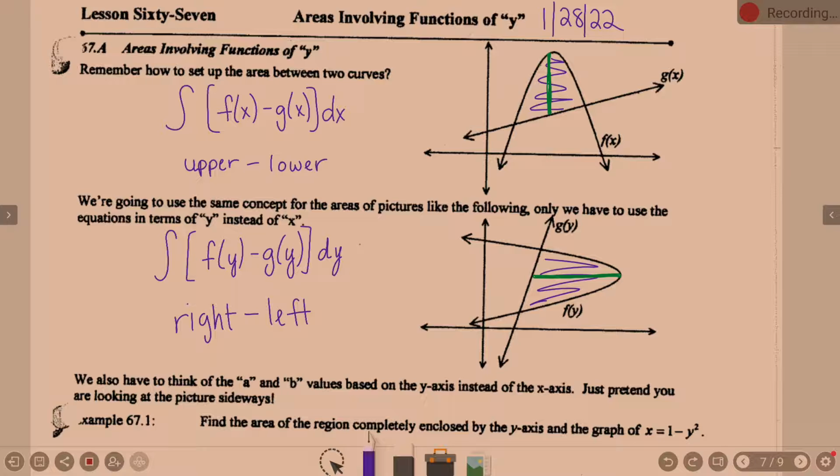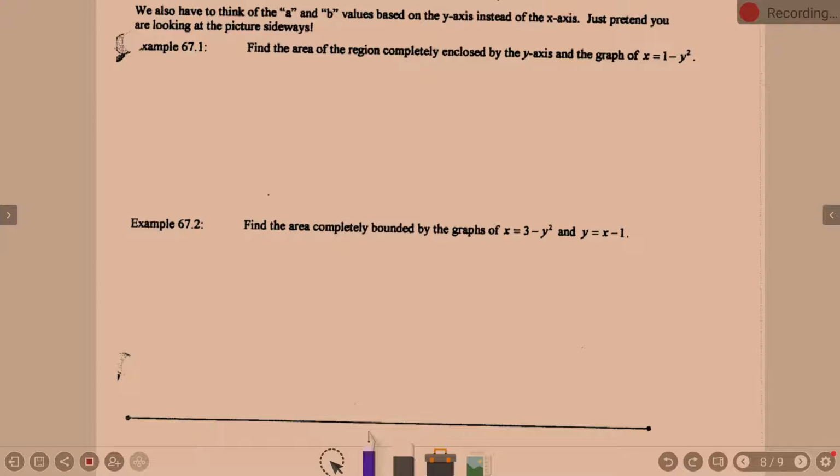The hardest part is, here's the deal, are the equations always given in terms of y? More often than not, we're given equations where y is in terms of x. We have to do a little upfront solving, but it's still doable. Another side comment, A and B values.